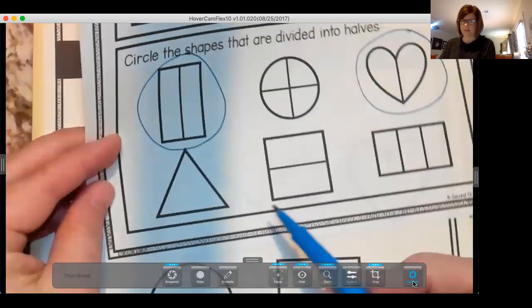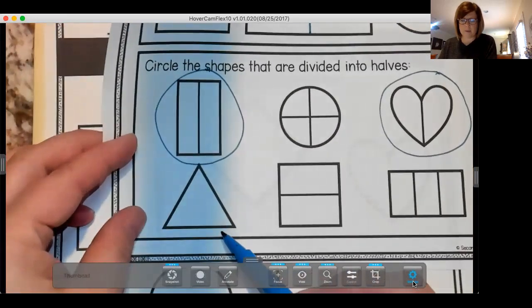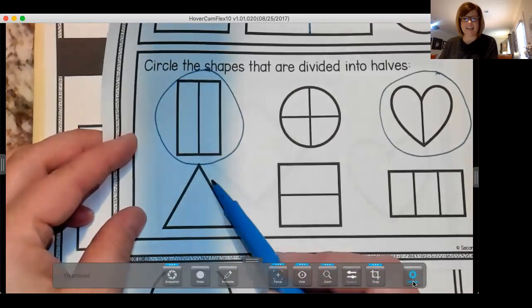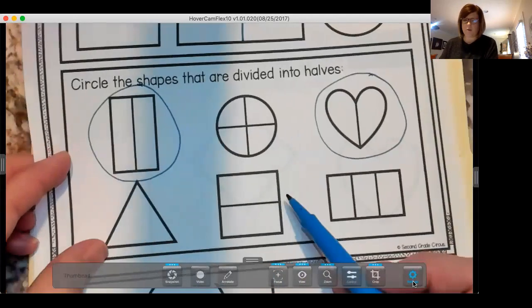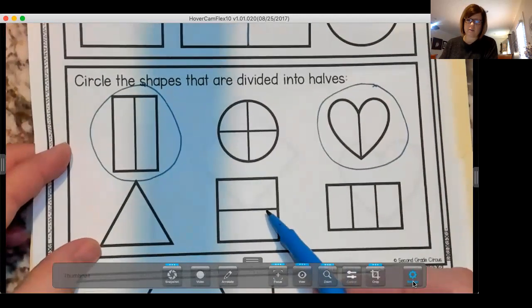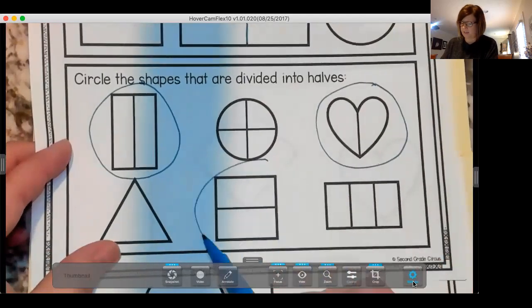All right. Here we go down to another shape. Remind me, what is the name of this shape? Triangle. Good. Is this triangle divided into half? No, it's not even divided, is it? So I'm going to leave it. What about this square? Do you see two equal parts? And so it's split into half, isn't it? Good.